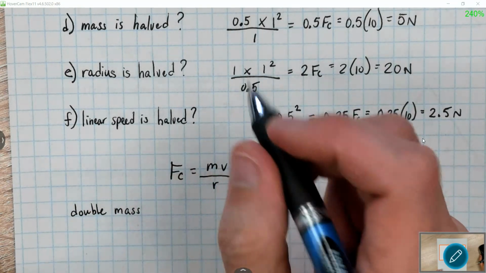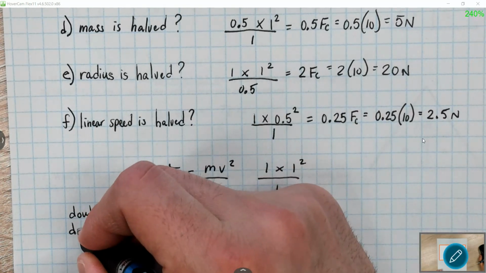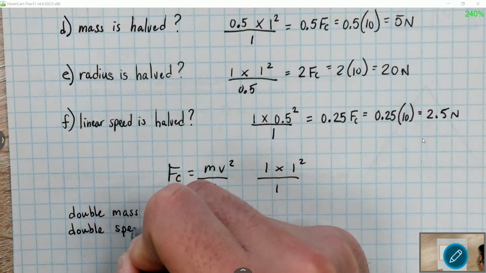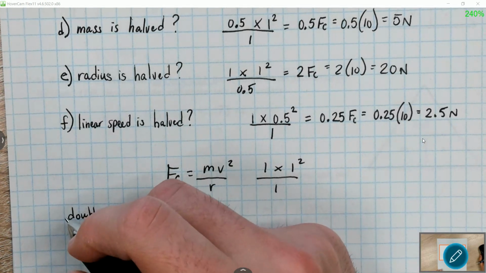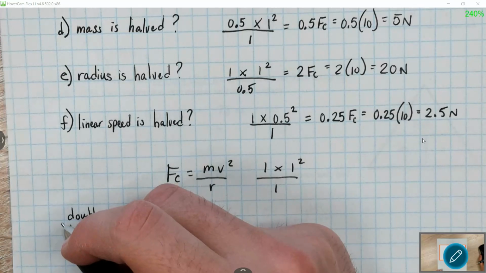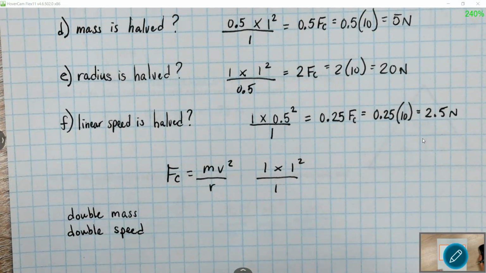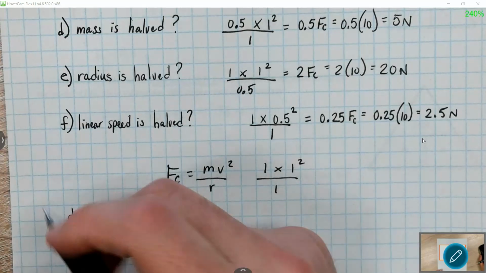Double mass, double speed, and what other number? What should we do with the radius? Double, triple, 4 times? What do you think? Triple.